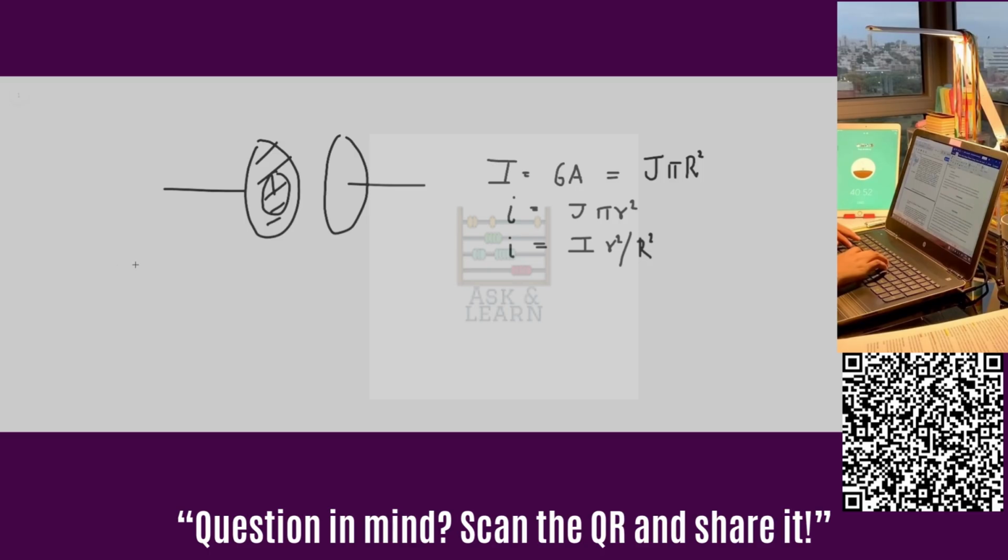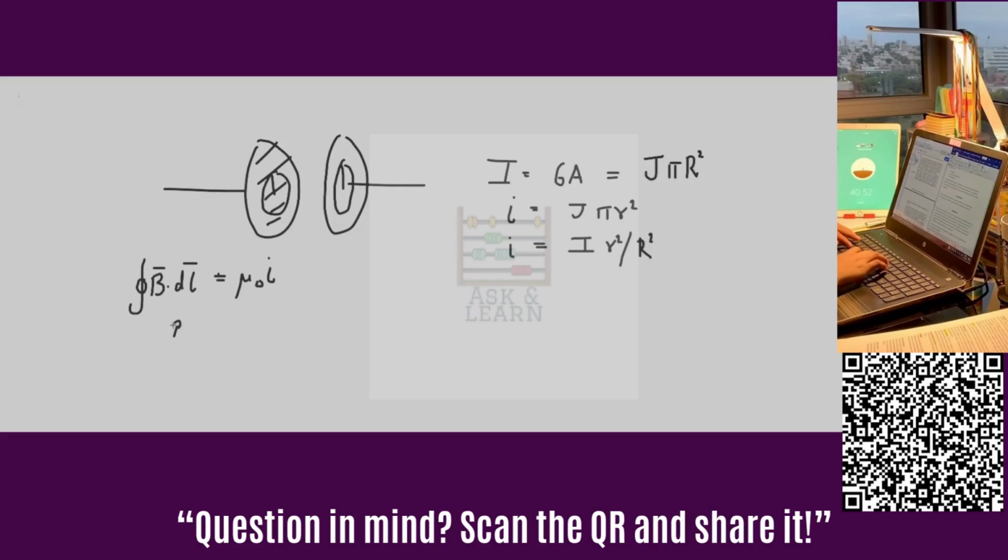Now we invoke Ampere's law, which goes as the closed integral of B dot dl is equal to mu naught I, where I is the net current which is enclosed within the loop. So we make a loop, which is our Amperean loop. Imagine we make a loop which has a radius of small r, and this closed integral says that this is an entire loop which has to be closed. This is the loop element, and this is the magnetic field.